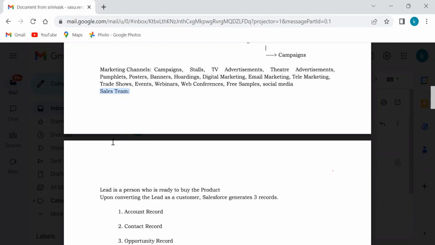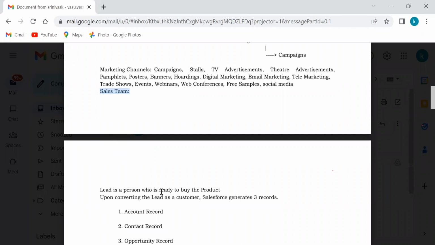Once the lead records data is passed to the sales department, they are going to contact these lead people either directly by meeting them or through phone or by sending some email, saying this is the discount we can offer on the product and this is the warranty we can give. So they are going to contact all the leads and finally try to convince the lead and convert the lead into a customer.